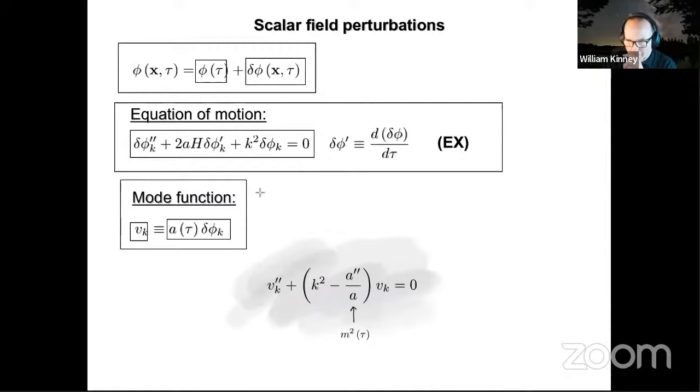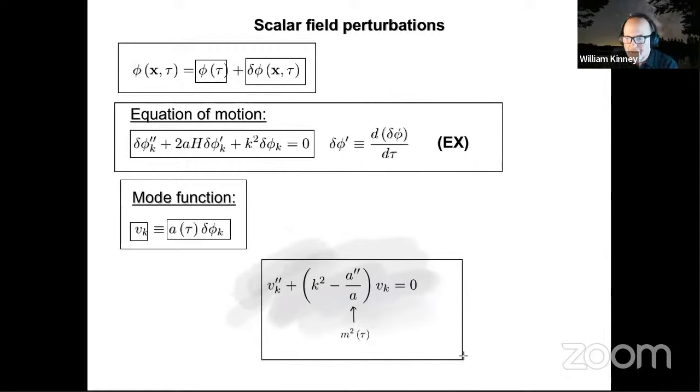If we do that, this equation of motion for delta phi turns into an effective Klein-Gordon equation, except it has an extra term, which is a time-dependent mass term. So the basic physics here is that field fluctuations in a time-dependent background are governed by a Klein-Gordon equation, and the time dependence of the background is reflected in the presence of a time-dependent mass term in the Klein-Gordon equation.